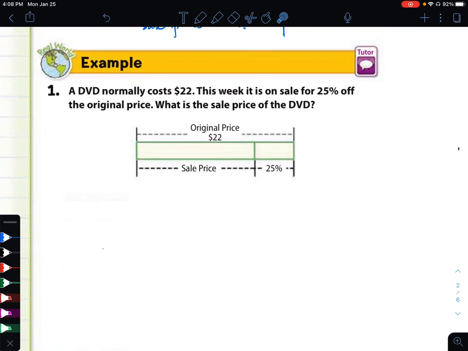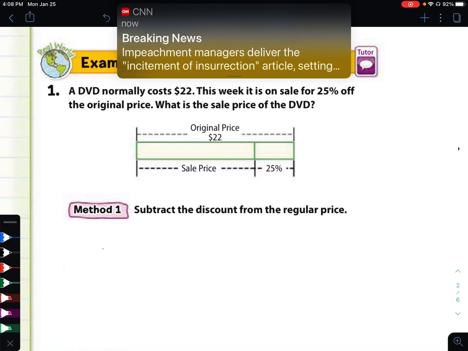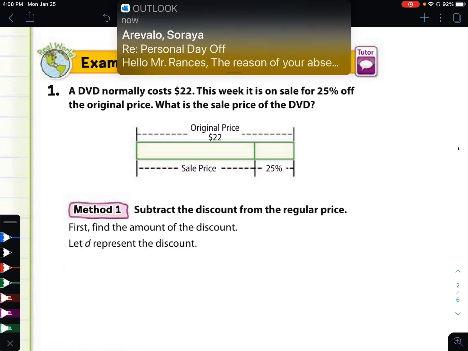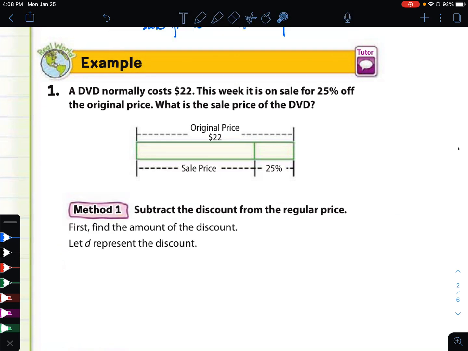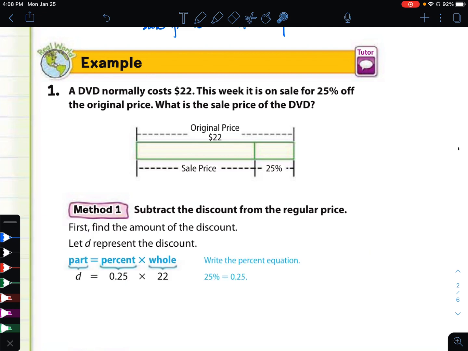Let's take a look at method number one. In method number one, we subtract the discount from the regular price. First, find the amount of the discount, and we let D represent discount. We go back to our percent equation where we have part equals percent times whole.